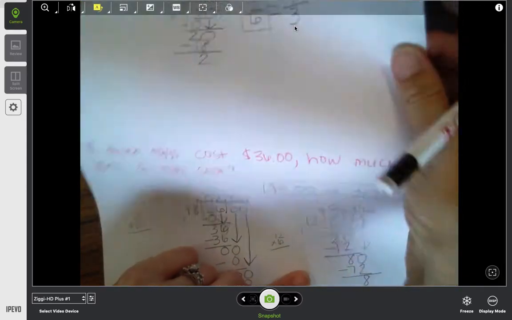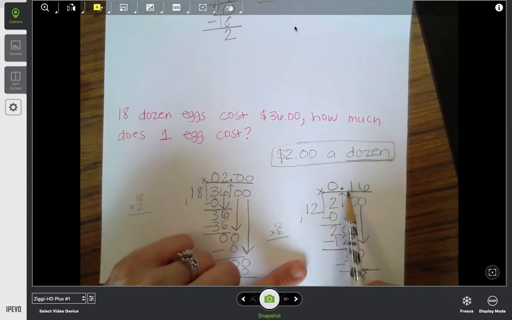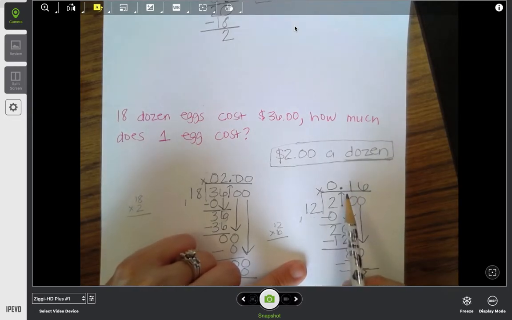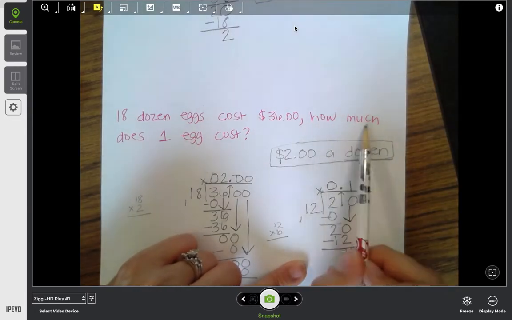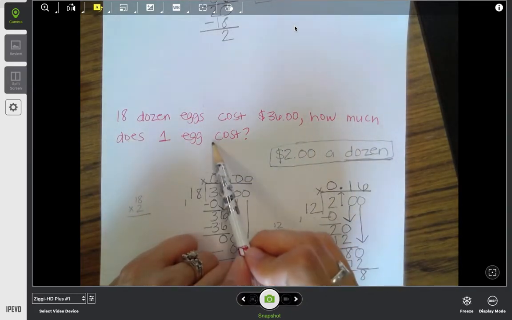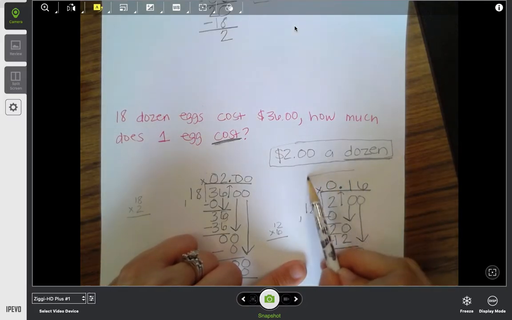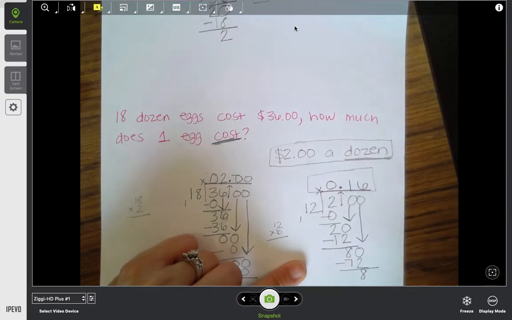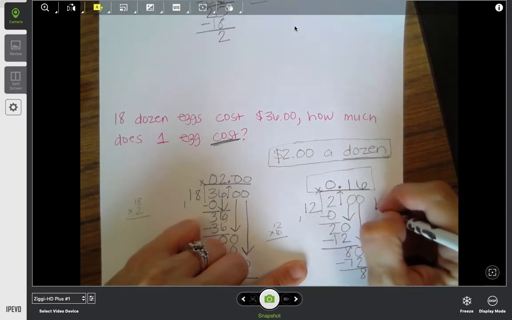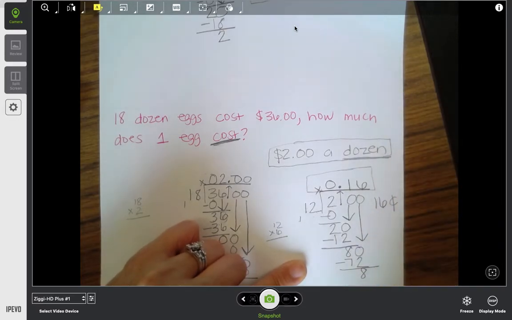And so I know that I'm thinking in money terms here because it says how much does one egg cost? So if I'm talking about how much something costs, I'm talking about money. And so this is how much one egg costs. So it would be 16 cents, right?